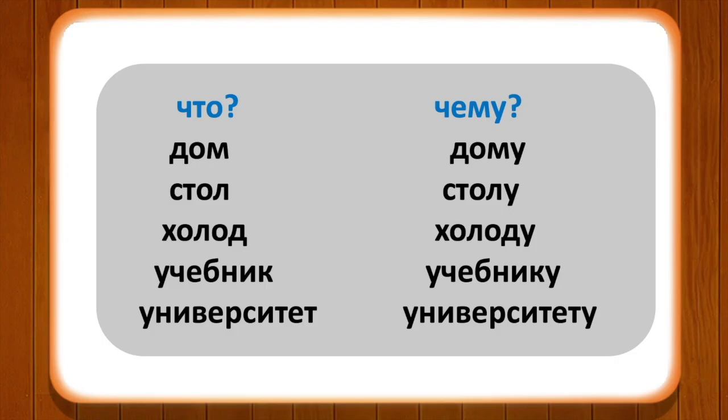Дом, стол, холод, учебник, университет. All these examples are of inanimate nouns. They change when the question is чему, as дом дому, стол столу, холод холоду, учебник учебнику, and университет университету.